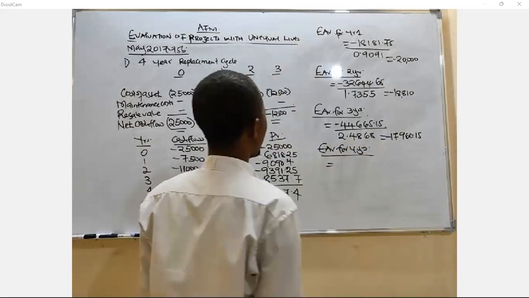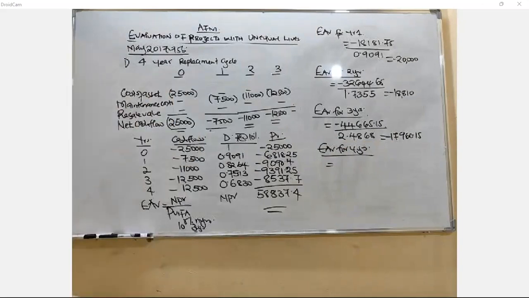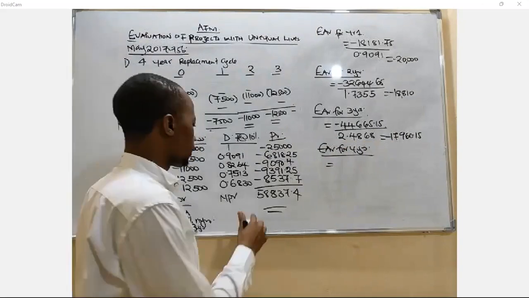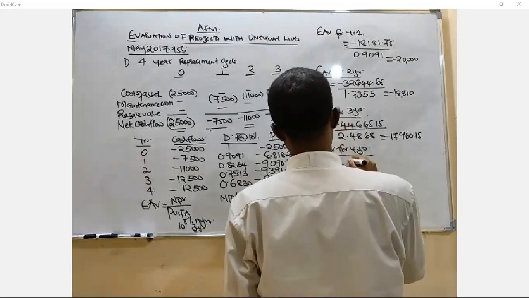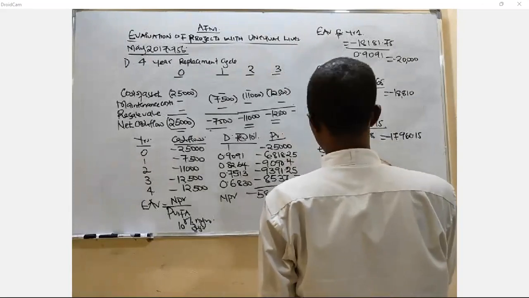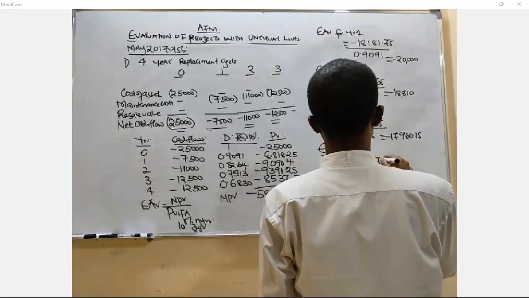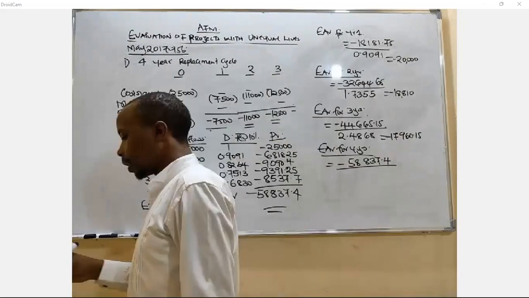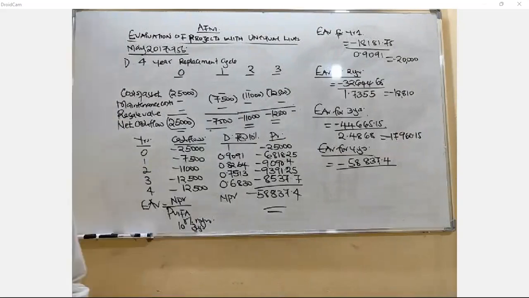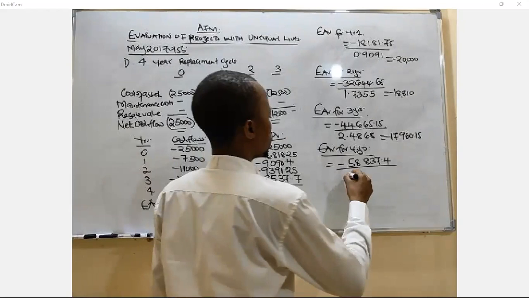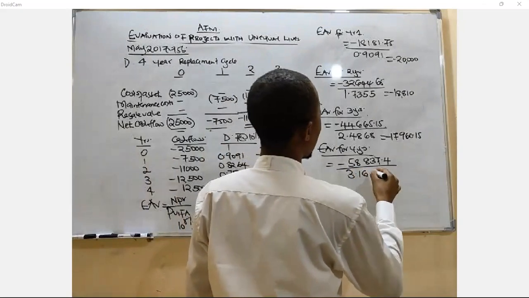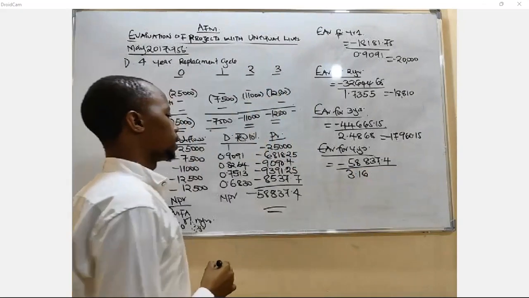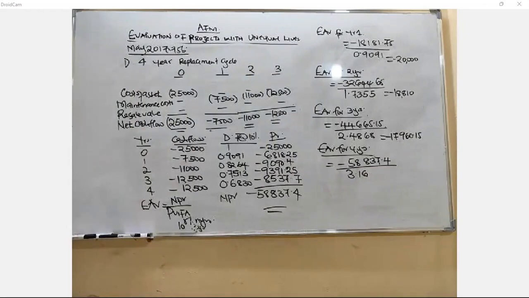Then let us calculate the EAV for 4 years. The EAV for 4 years, what can we be able to say? We take negative 58,837.4. We divide it by the present value interest factor annuity, 4 years. 3.1698.